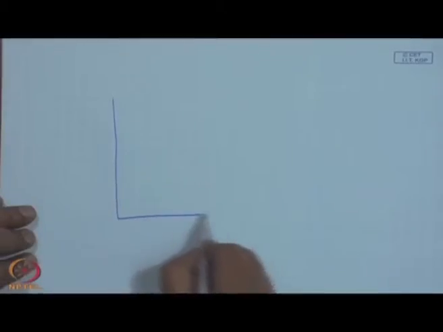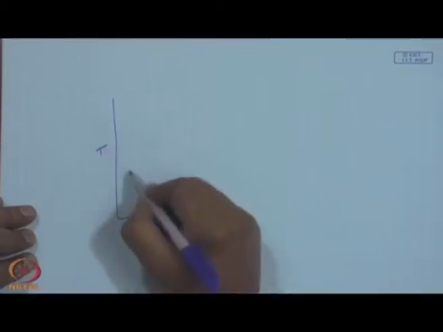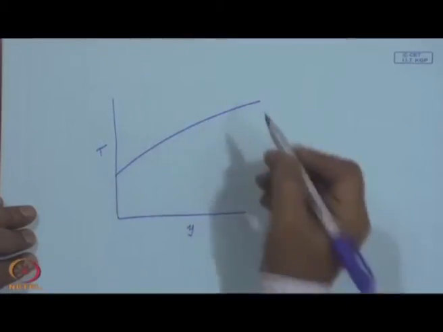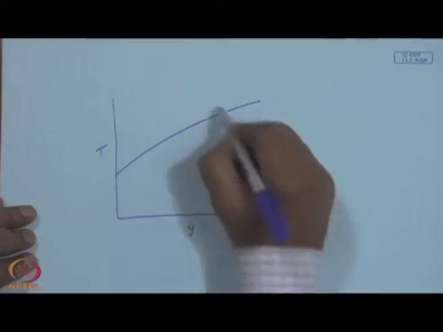The location can be chosen not only in the tube, but also anywhere on the plate in general. This is y and T, this is on the plate.